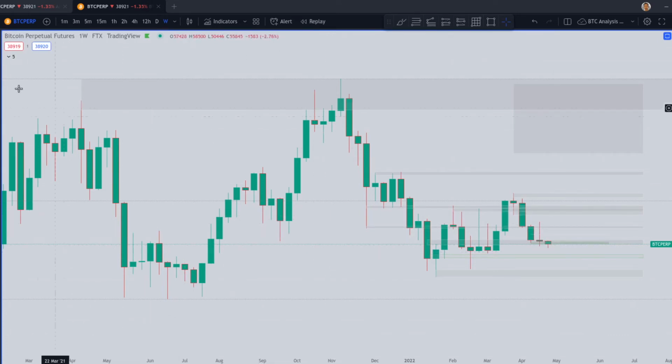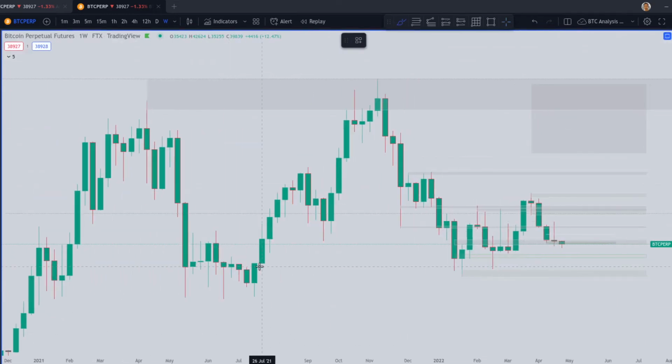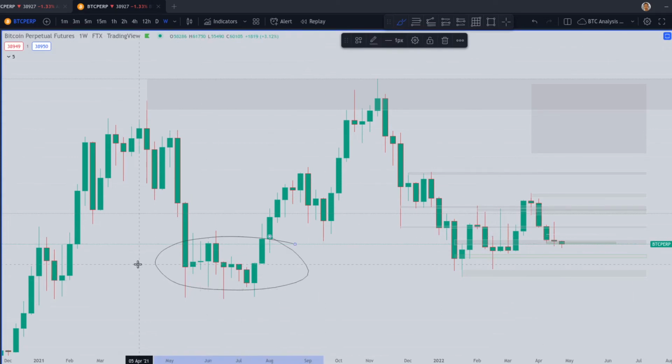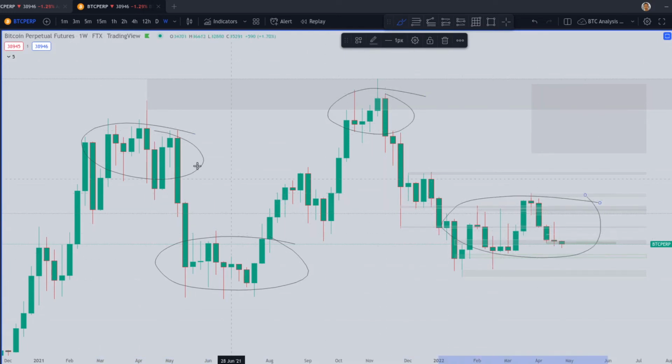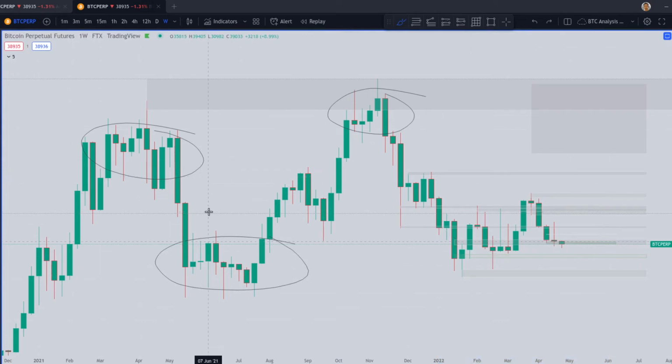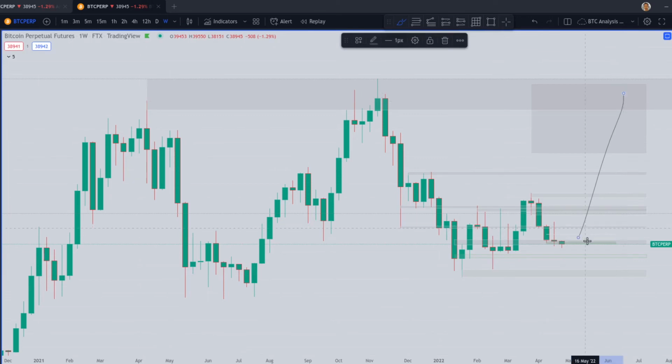In my case, and this is not financial advice, I'm looking at this level as sideways, sideways, sideways, sideways, right? So sideways and waiting for a trend change. I have a bias of trend change in this direction.